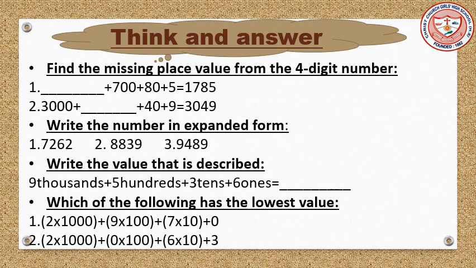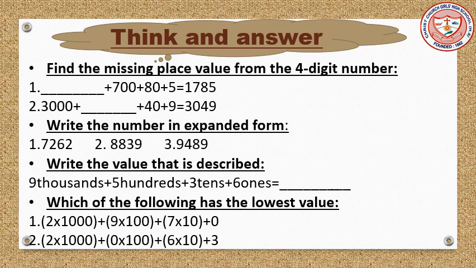Girls, you have to try out the following questions on your own, and I'm very sure you can do it correctly, right? So think and answer. Find the missing place value from the 4-digit number. Number 1.